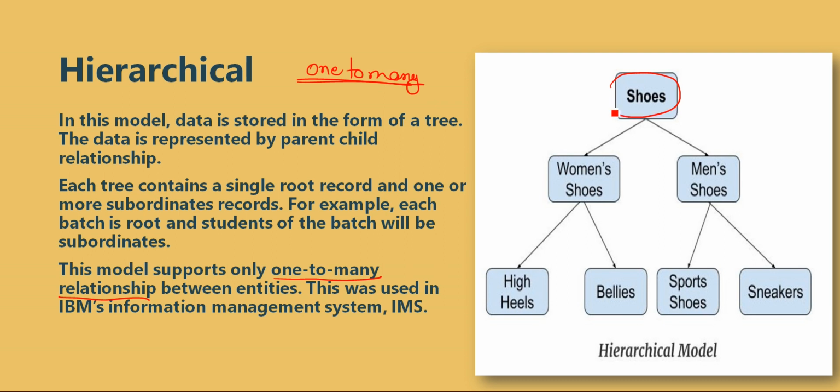So you can see that this is one and it can have multiple subcategories, meaning n number. So that's why it is termed as one to many relationship. So hierarchical model has a disadvantage that it is going to have only one to many relationship.